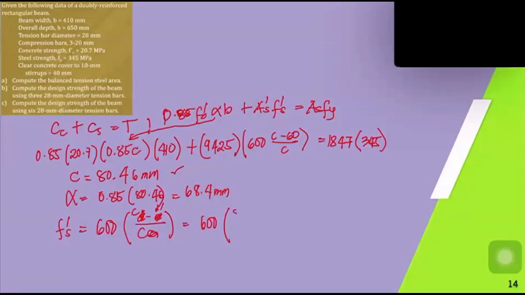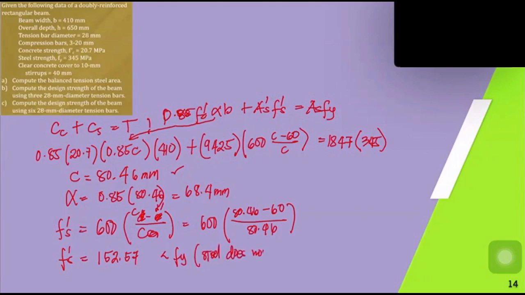So this is 80.46 minus 60 over 80.46. So what is fs prime? It is 152.57. That is correct since it is less than fy, so the compression does not yield.